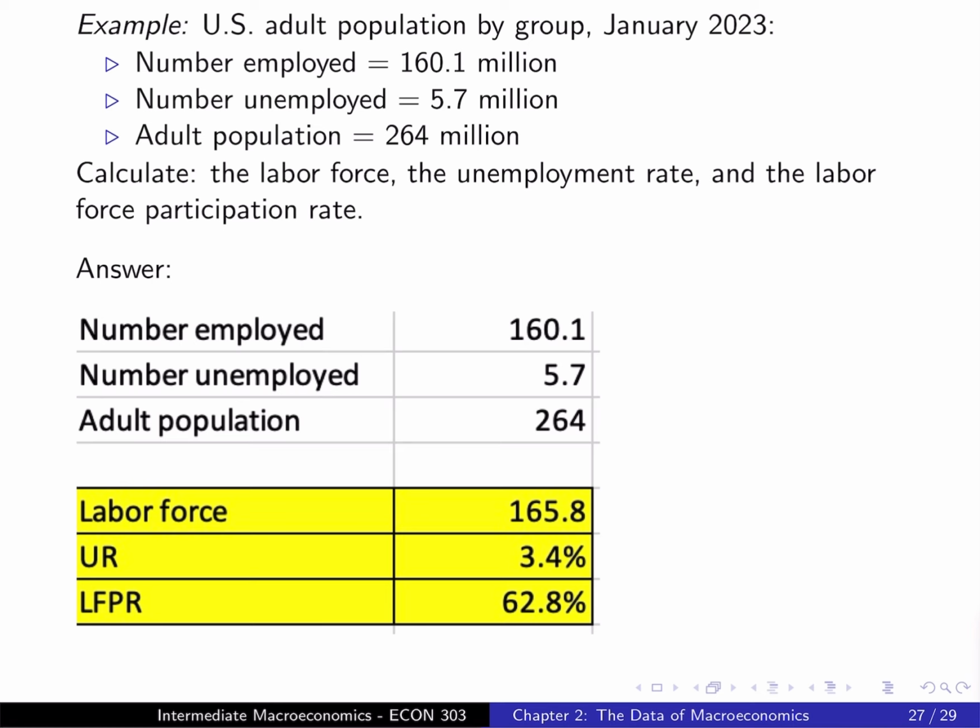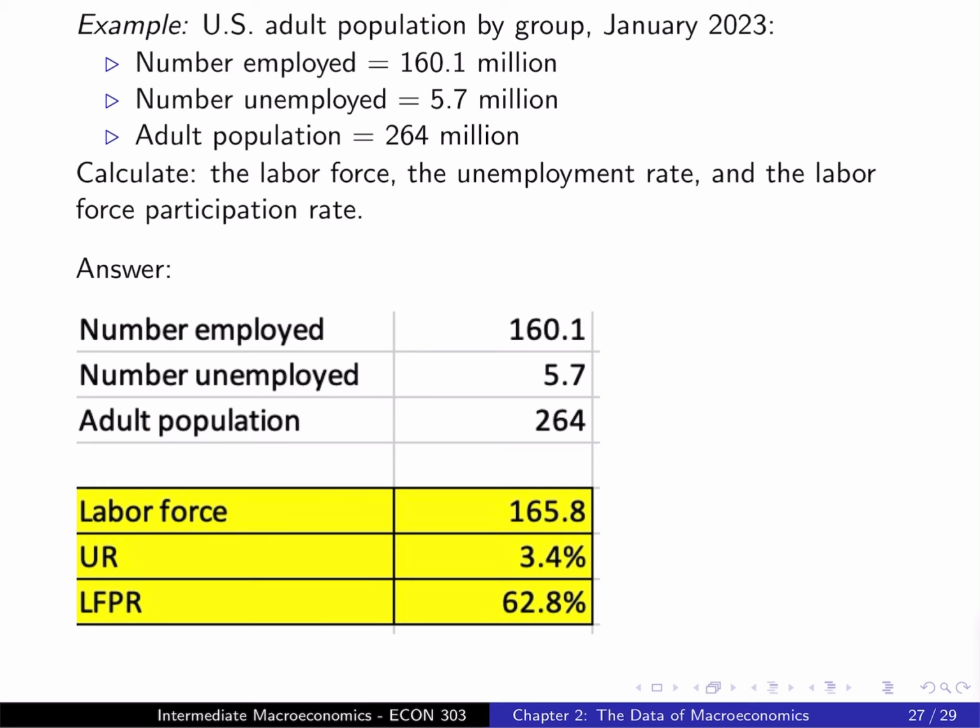Next, we calculate the percentage of the labor force that is unemployed. Unemployment rate equals 5.7 divided by 165.8 times 100%, which equals 3.4%. So about 3.4% of the labor force was unemployed in January 2023.